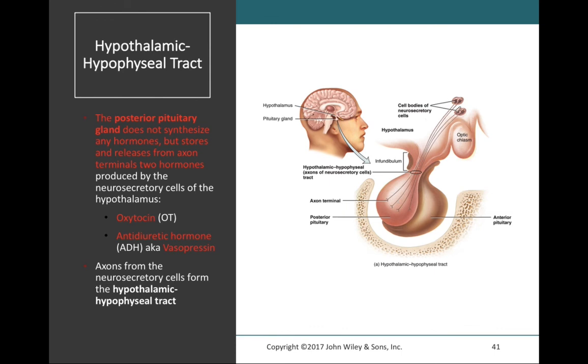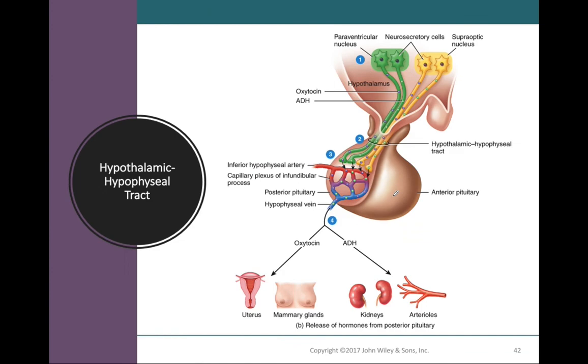So this tract here is called the hypothalamic hypophyseal tract because it includes the hypothalamus as well as this area through the infundibulum down to the posterior pituitary. So this is a nice little picture of the hypothalamic hypophyseal tract. You can see these neurosecretory cells are going to synthesize these hormones, oxytocin and vasopressin.